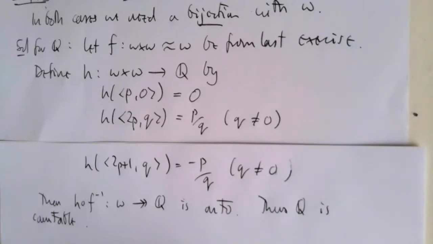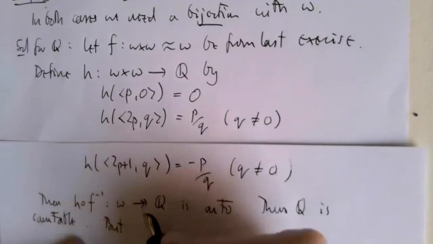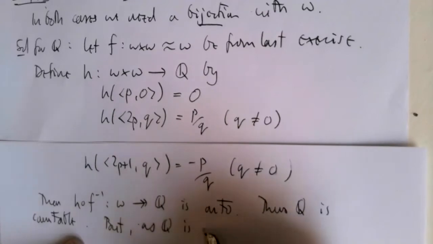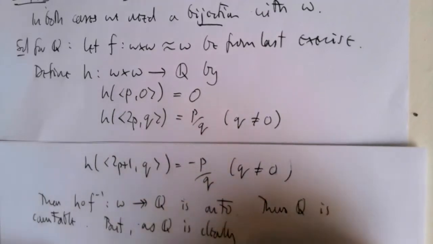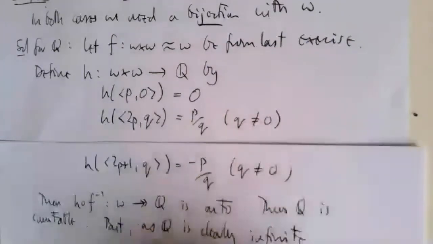But being countable and infinite is countably infinite. You could say, why is Q clearly infinite? Well, infinite means not finite. You're not bijective with a natural number. Well, Q contains the infinite set omega, all the natural numbers.